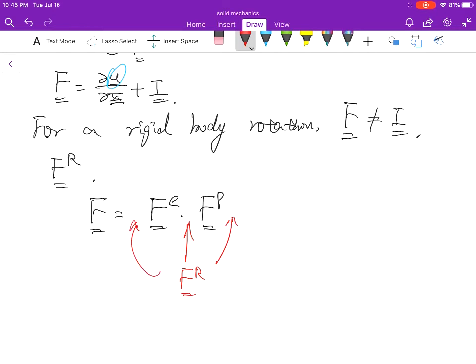And sometimes we can also partially separate FR into FR1 and FR2 and so on. So we can put them in different places.